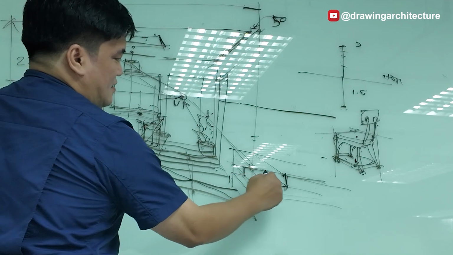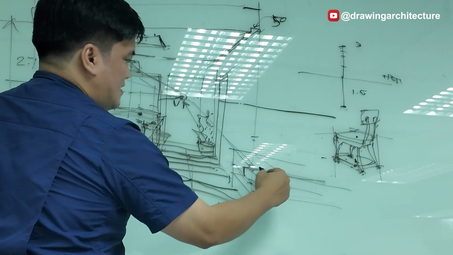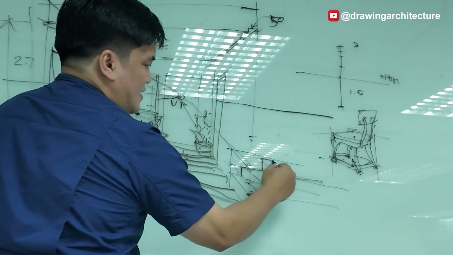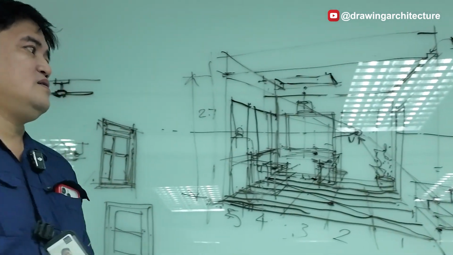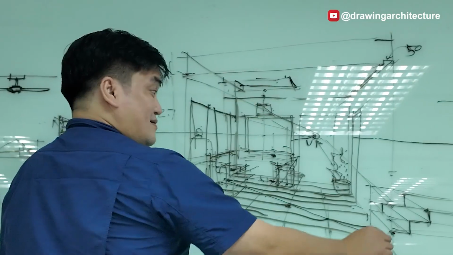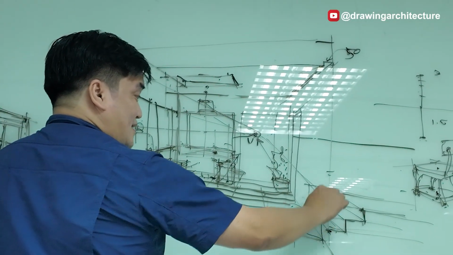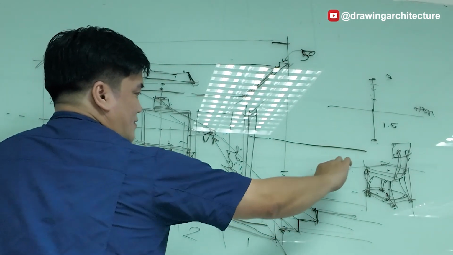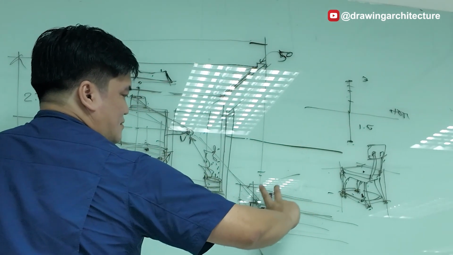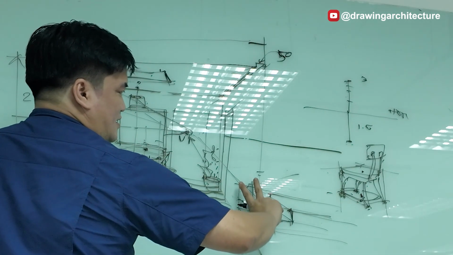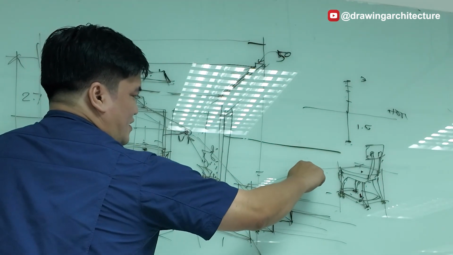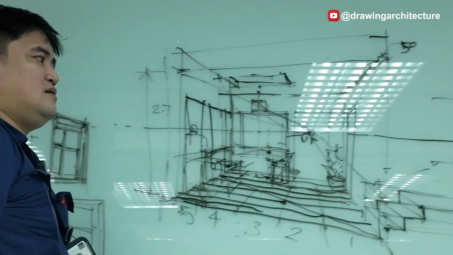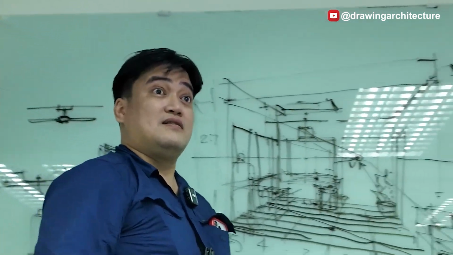Relative to this line, to these lines, the axis here, and then like this. And that happens like this. The steps, di ba? May railing. The design that I asked for is that railing that I wanted. Okay, so same angle. 1 meter. 1 meter is somewhere like that. So therefore, ito yung handrail. Of course, do the details.